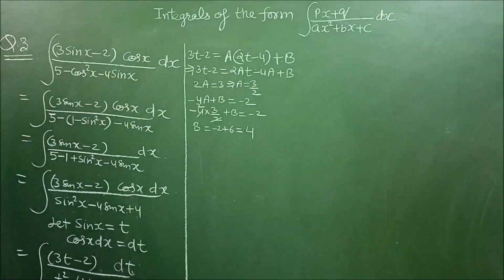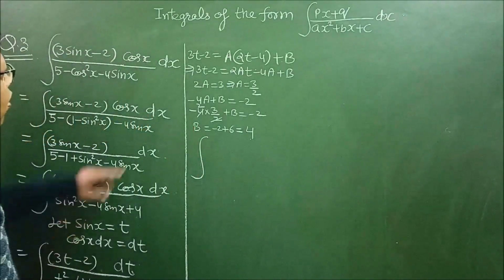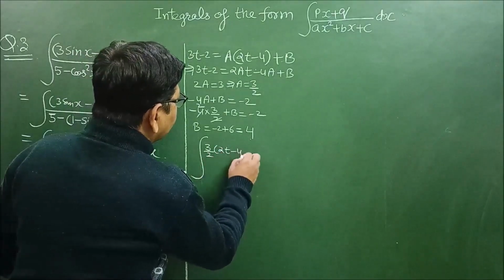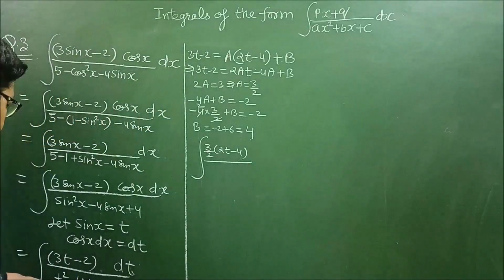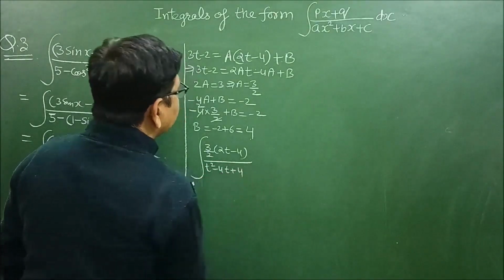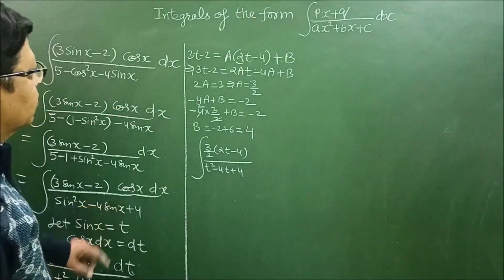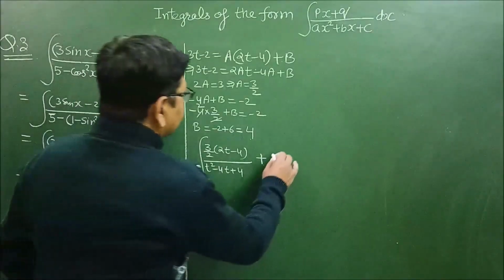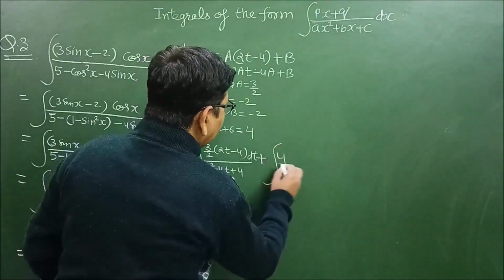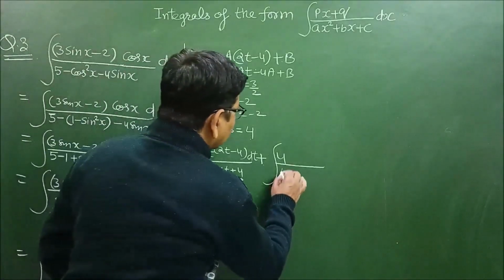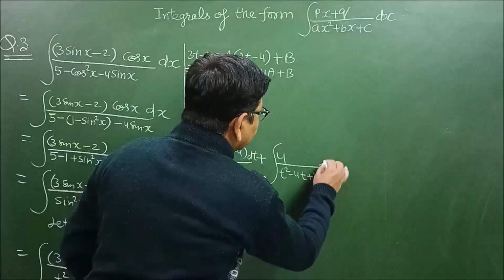So we have got the values of a and b which can be replaced here, and this integral reduces to the form, the value of a is here 3 upon 2, 3 upon 2 into 2t minus 4 upon t square minus 4t plus 4, plus the value of b, which is 4, upon t square minus 4t plus 4 dt.